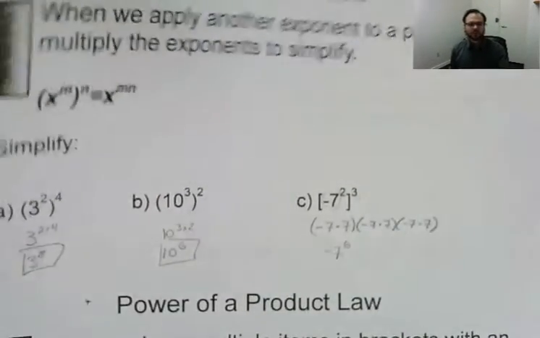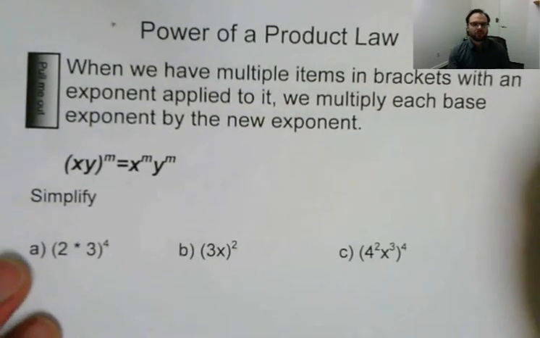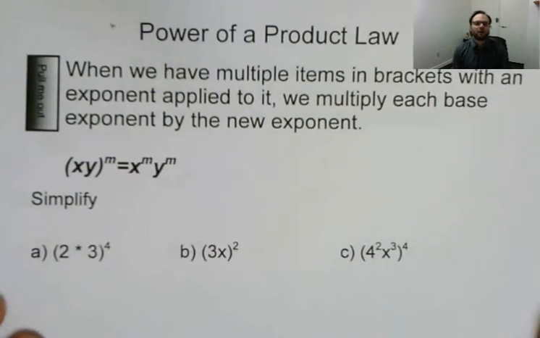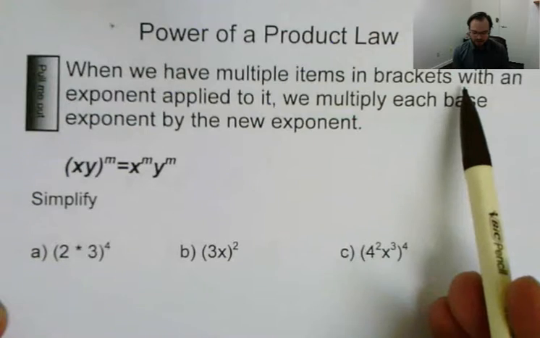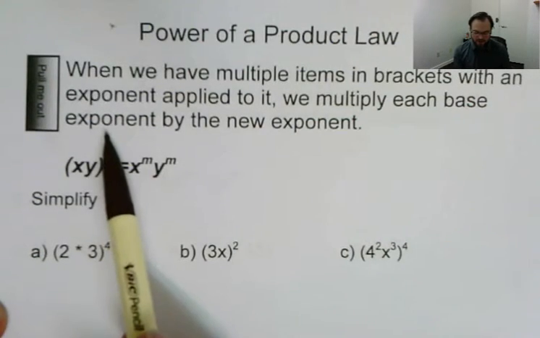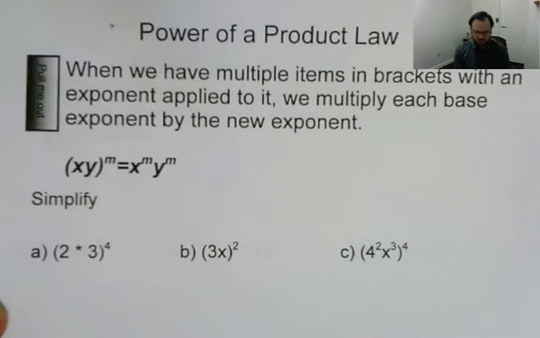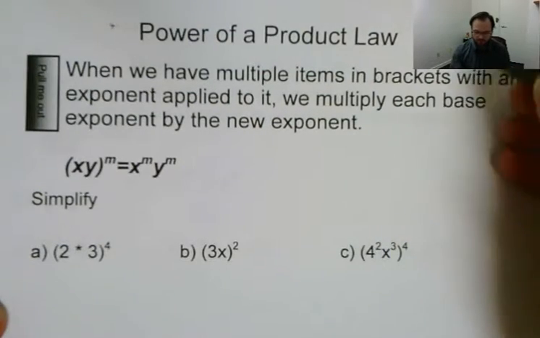So now, let's look at my second law. So my second law is the power of a product law. What this states is, when we have multiple items in brackets, with an exponent applied to it, we multiply each base's exponent by the new exponent.